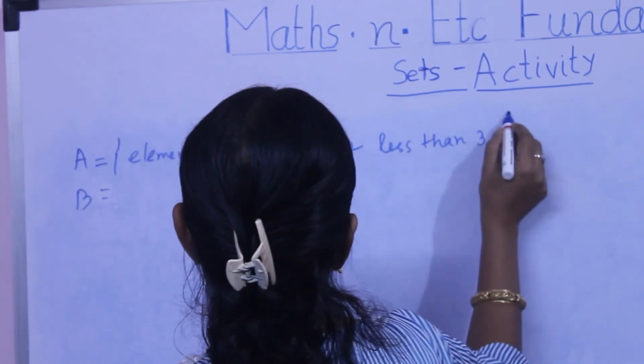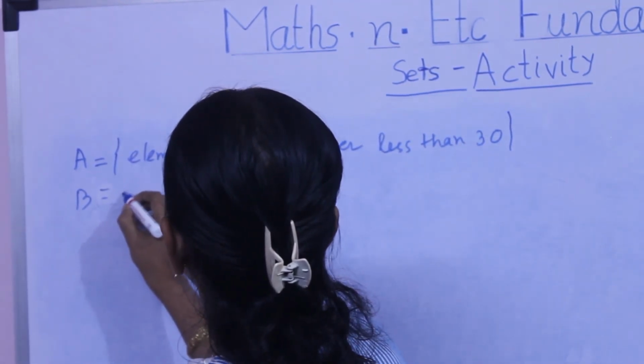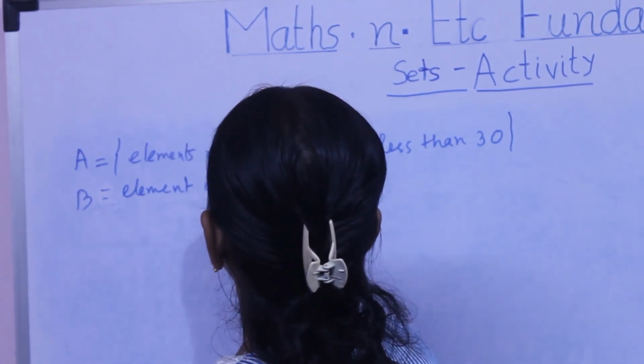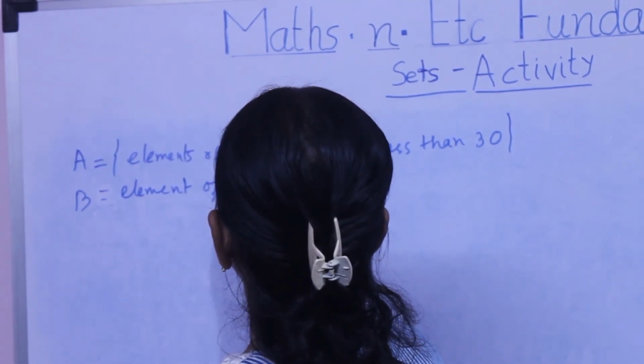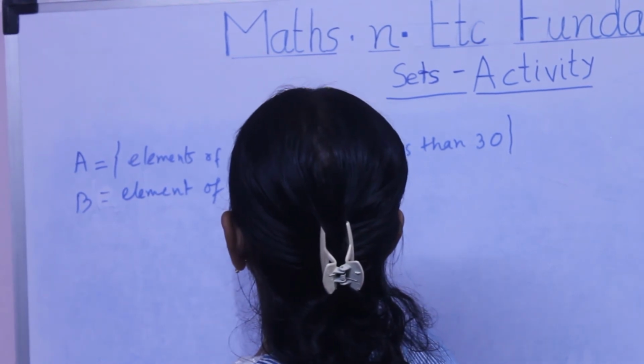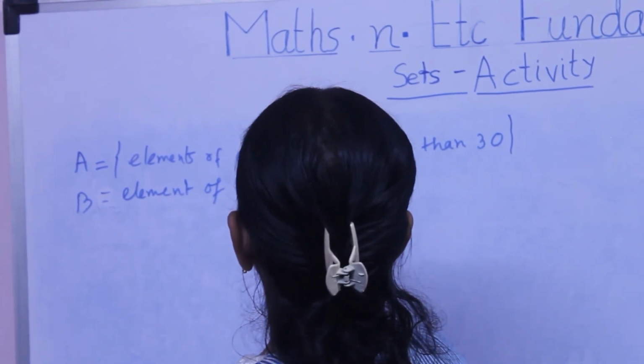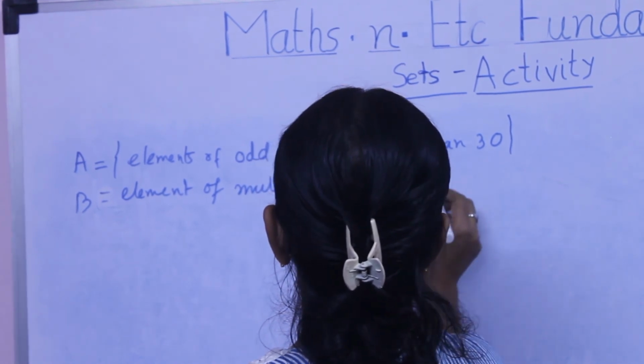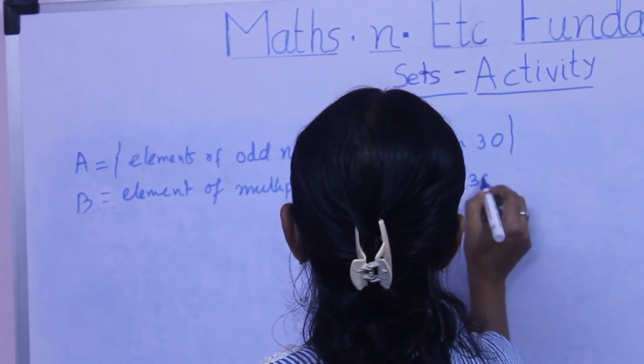Set B: elements of multiples of 3 less than 30.